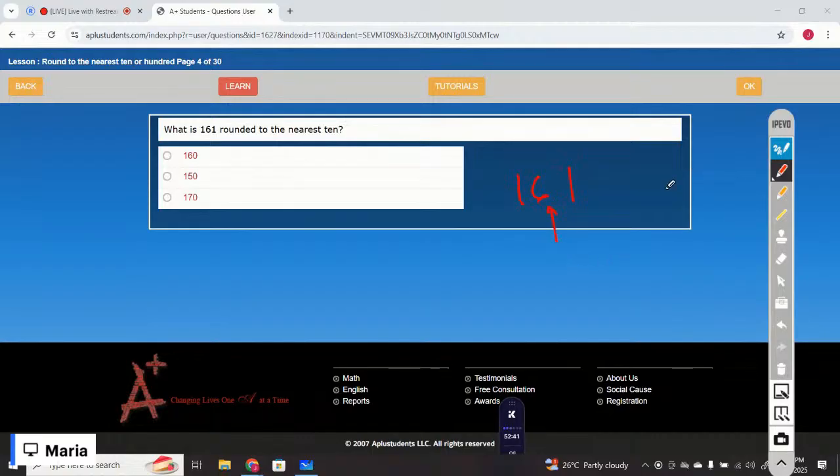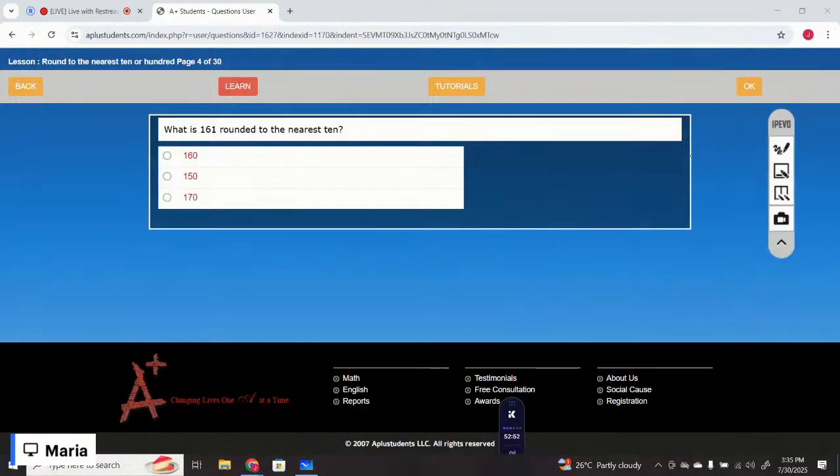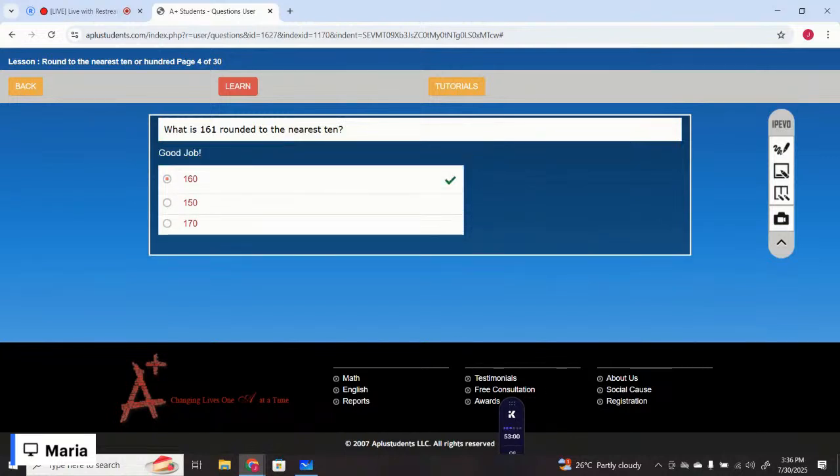Right next to 6, we have 1. 1 is less than 5. So you need to round down to the same 10. It would be 160. Option number 1 is the correct option.